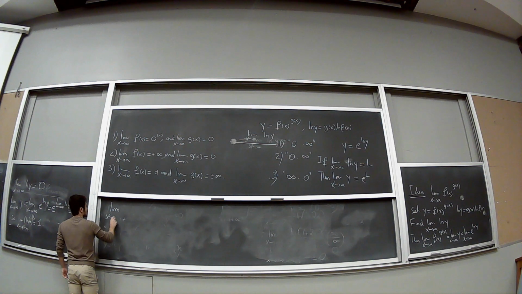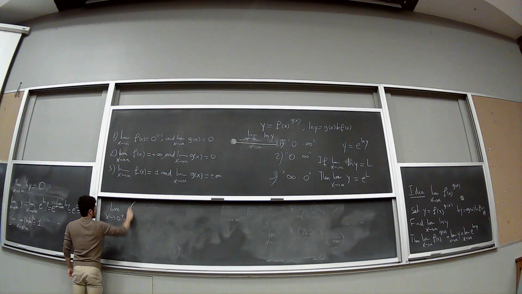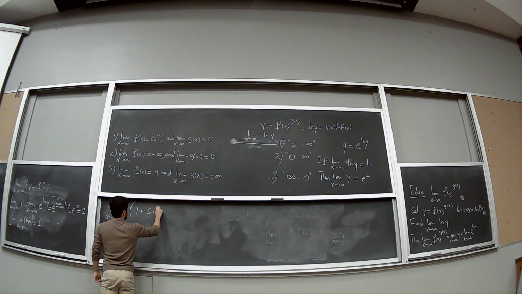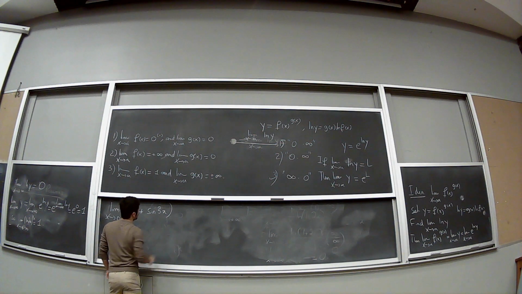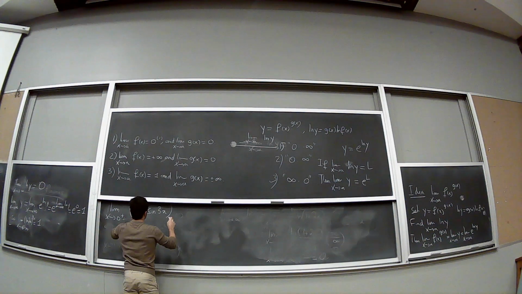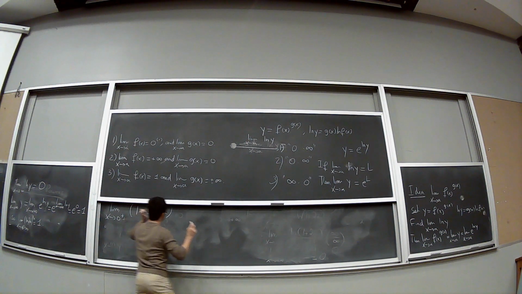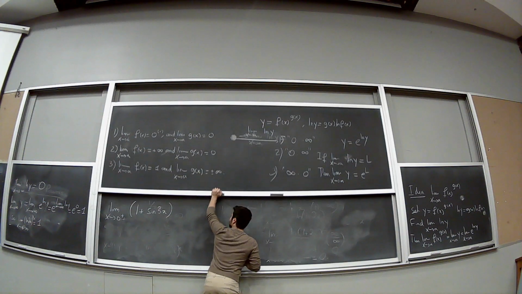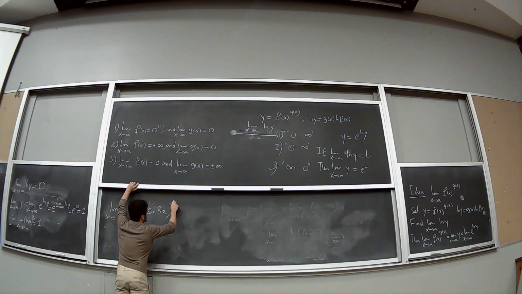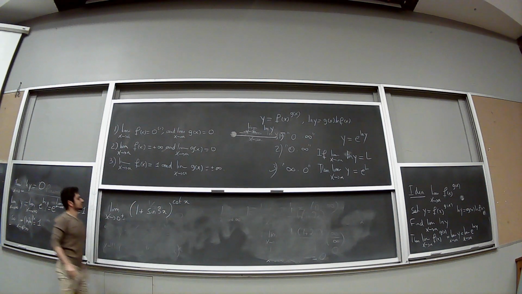It's the limit as x goes to 0 plus of (1 plus sine 3x) to the power cotan x.